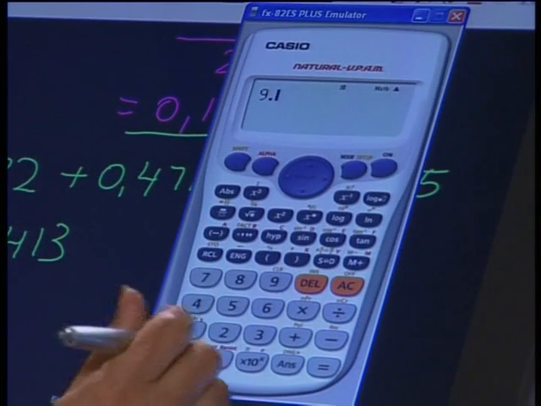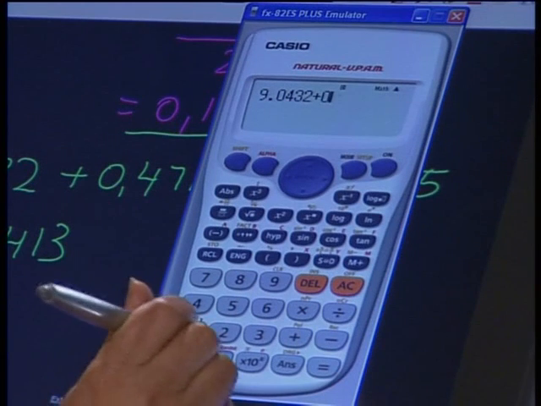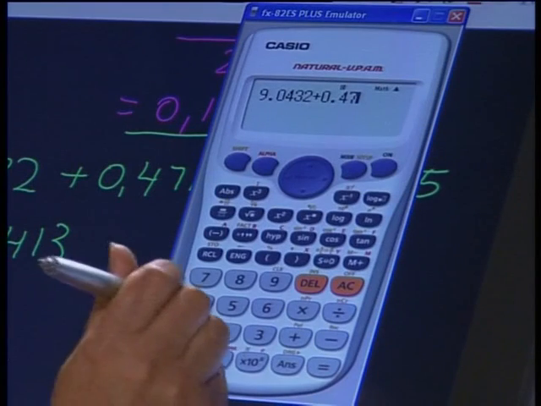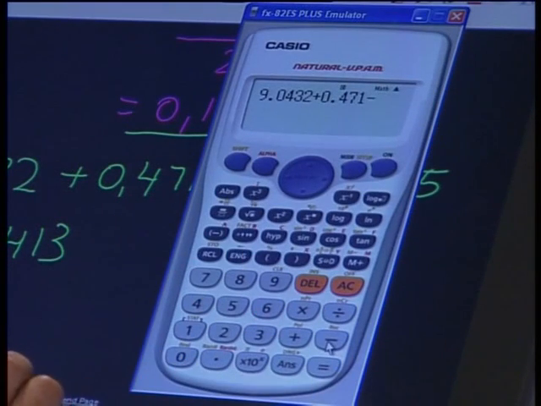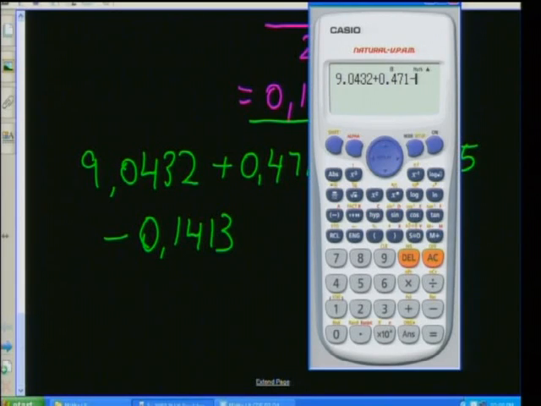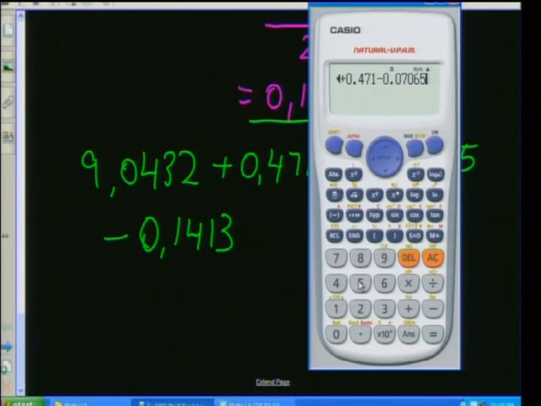And let's do that on our calculator. So I've got 9,0432 plus 0,471 minus 0,07065 minus 0,1413.